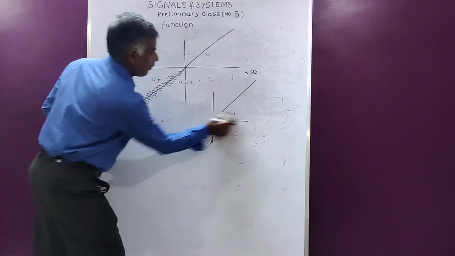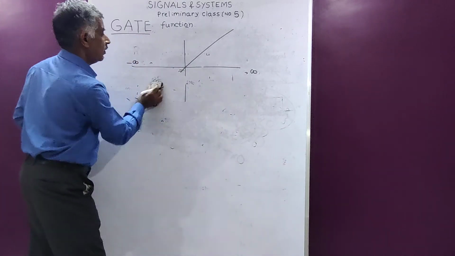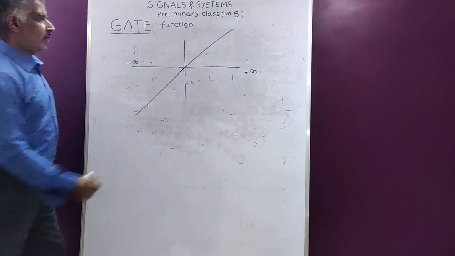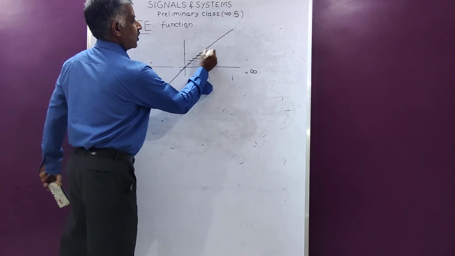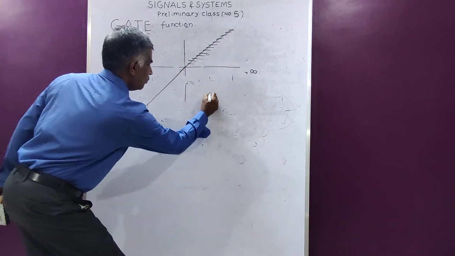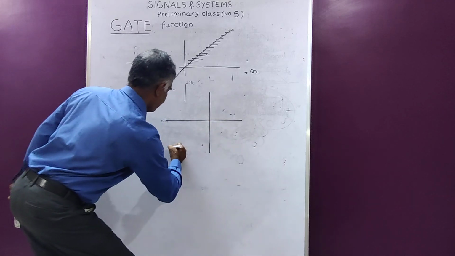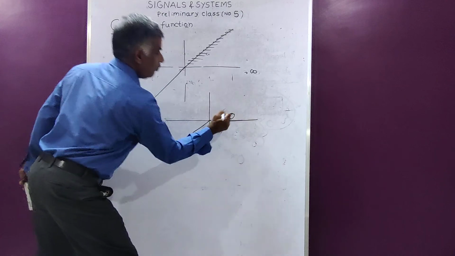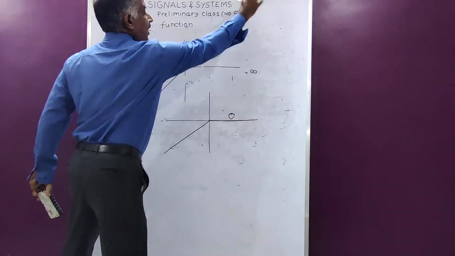Or I will give one more example. Once again, I will take a straight line like this. I want to erase this portion. After erasing this portion, now the waveform looks like this. Previously it was extending like this.